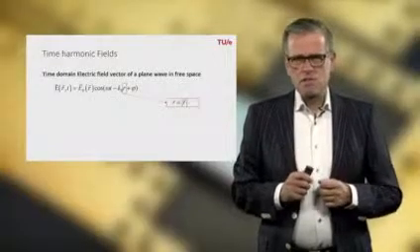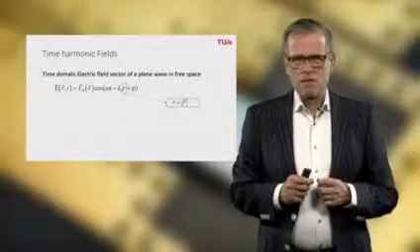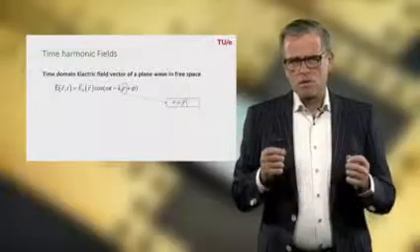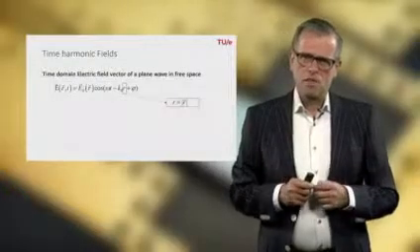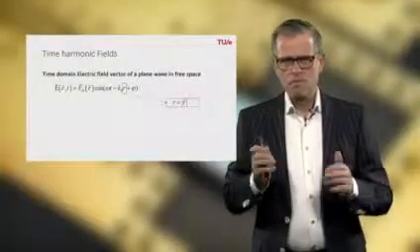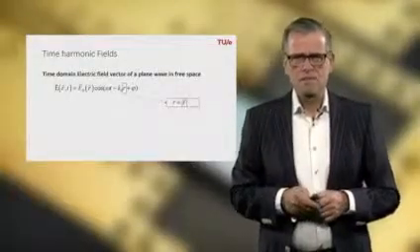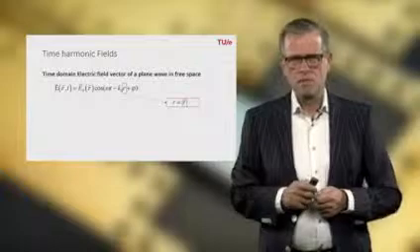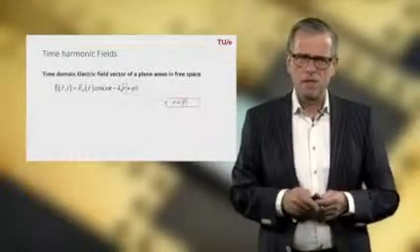The distance away from the origin of the coordinate system is then r, the absolute value of the position vector. Now, this representation of a plane wave might be familiar to you.